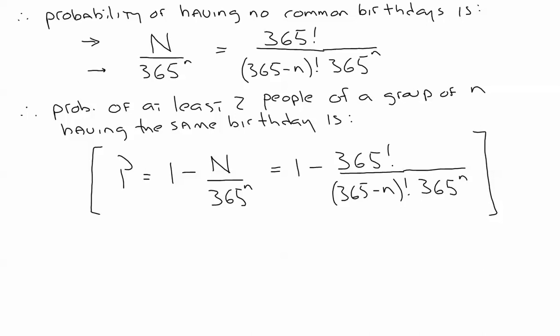So for example, if we plug in n equals 20 people in a room together, we find that the probability that at least 2 of them have the same birthday is 41.14%.